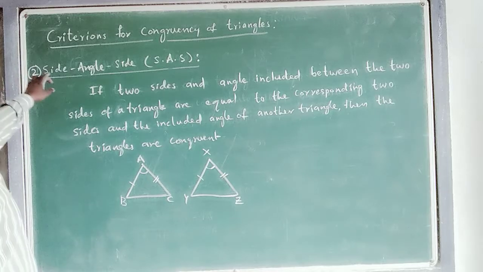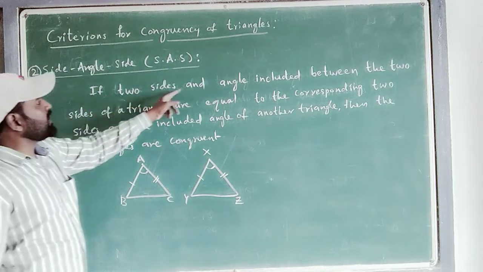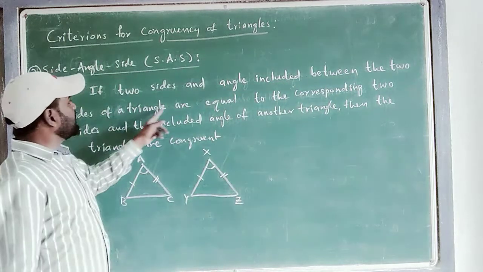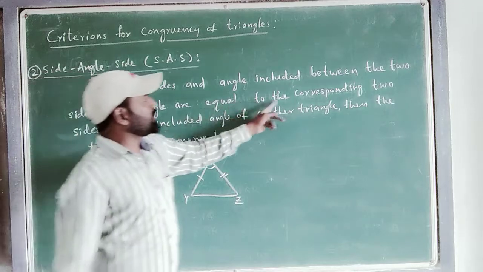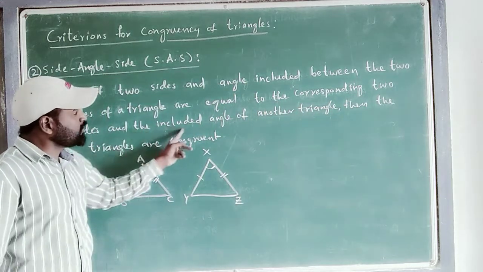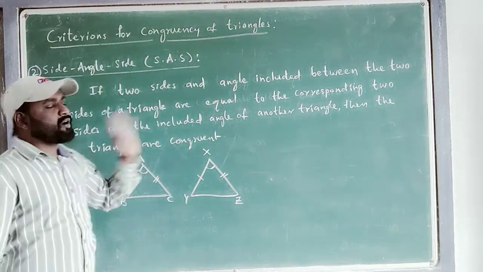See the next one, side angle side, SAS. If two sides and the angle included between the two sides of a triangle are equal to the corresponding two sides and the included angle of another triangle, then the triangles are congruent.